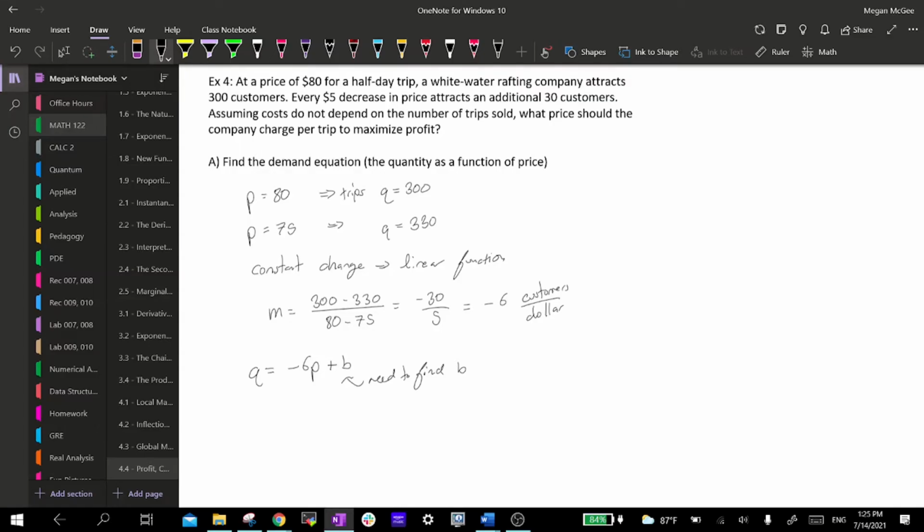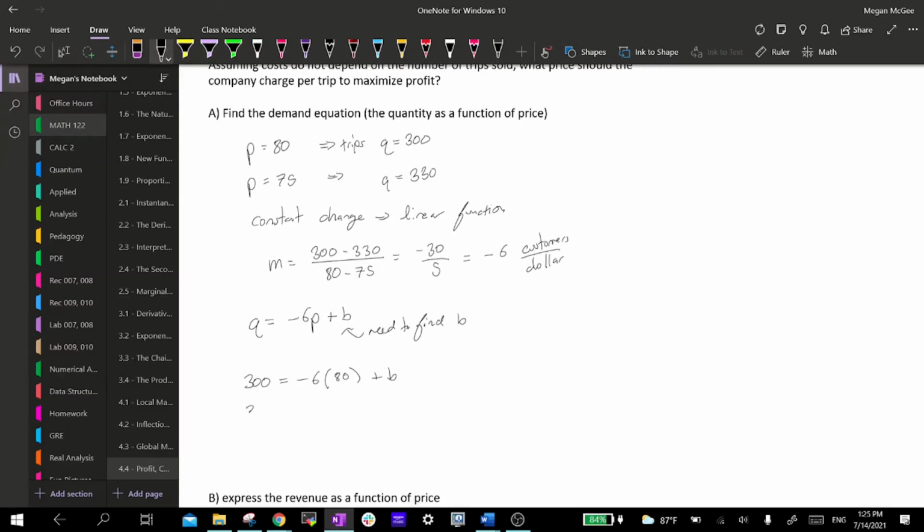If Q is 300, then P is 80, so 300 is equal to negative 480 plus B. So B is equal to 780.